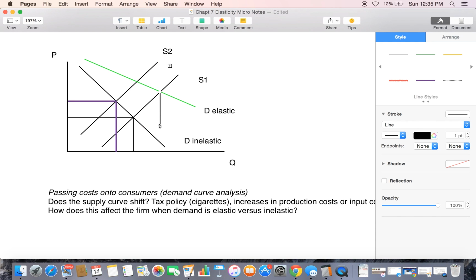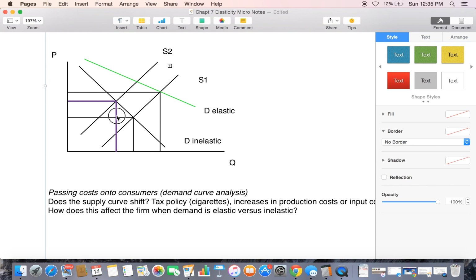And remember that an elastic curve is a curve where there is a small change in price and a rather large decrease in quantity demanded. So if the market were, for example, elastic, consumers would just substitute away from the purchase of cigarettes into purchasing something else.